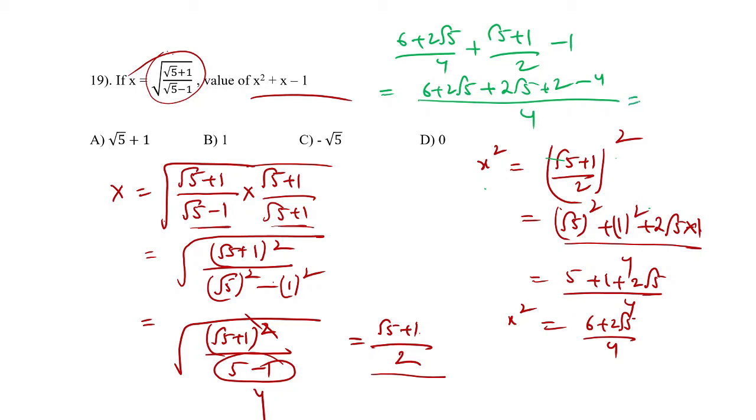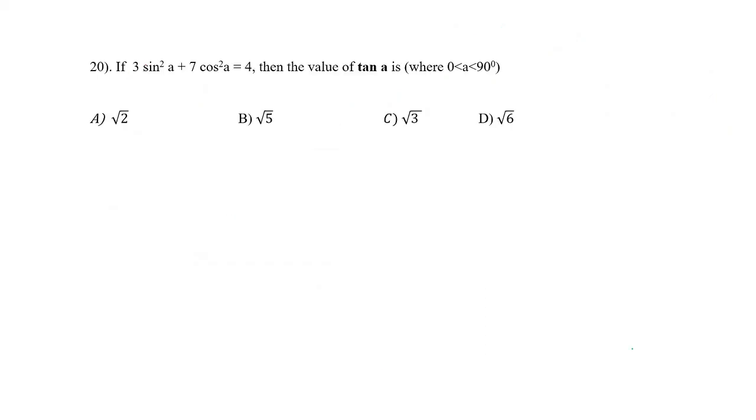That equals 8 minus 4 is 4. 4 plus 4 root 5 by 4. This 4 gets cancelled. So 1 plus root 5 is the answer. Root 5 plus 1 or 1 plus root 5. So answer is option A.